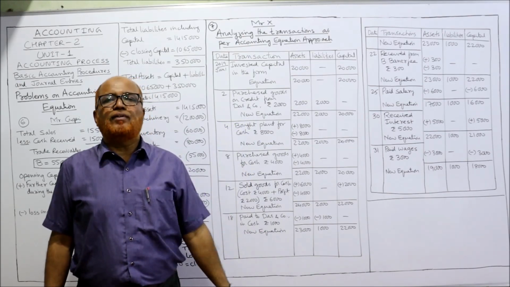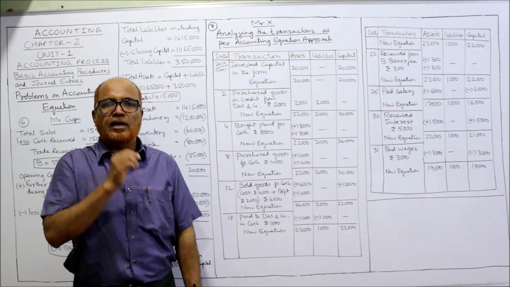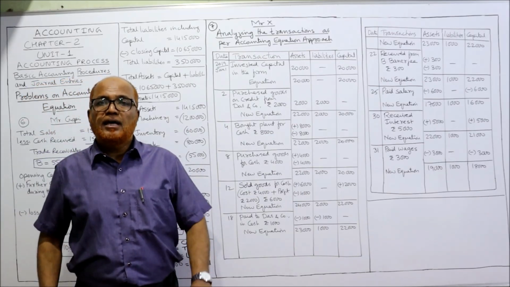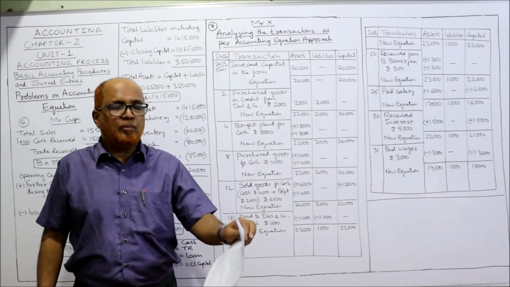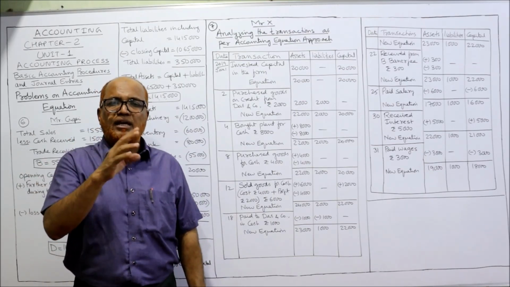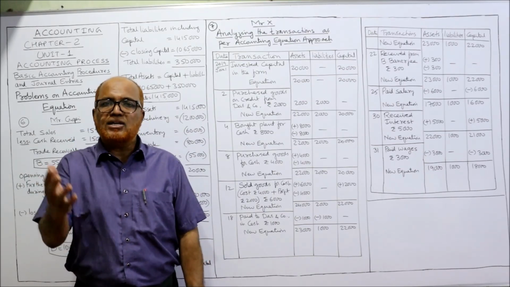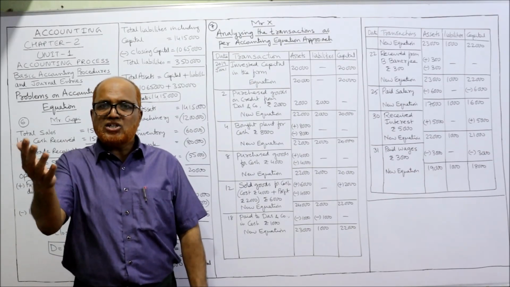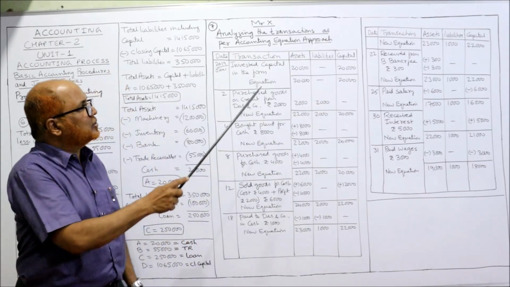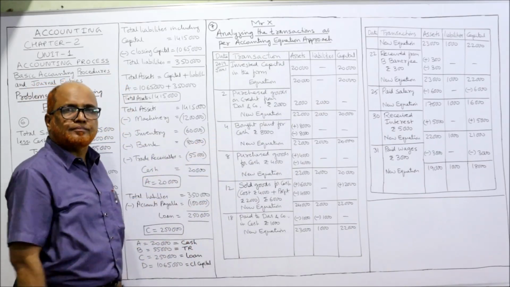Now first transaction, January 1st. Invested capital in the firm 20,000. The owner, Mr. X, invested 20,000 rupees as capital. When the owner invests the money in the business, cash is coming in. When cash comes in, the assets will increase. So write 20,000 in the assets column.